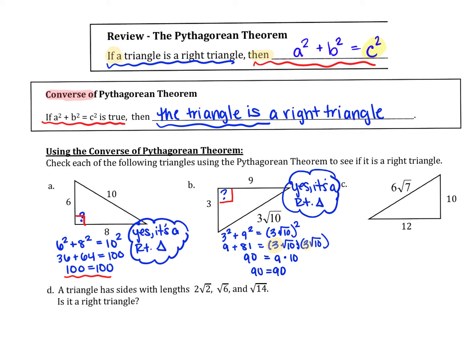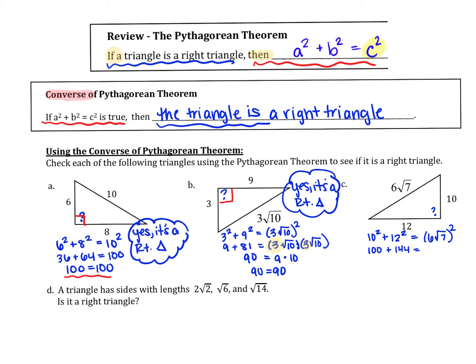Okay, let's look at letter C real quick. I'm going to plug this into my calculator. If you do the square root of 7 and then multiply that by 6, I get 15.8. That's definitely the longest side, so we're trying to figure out if this is a right angle down at the bottom right. So we have 10 squared plus 12 squared is equal to 6 root 7 squared. 10 squared is 100. 12 squared is 144.